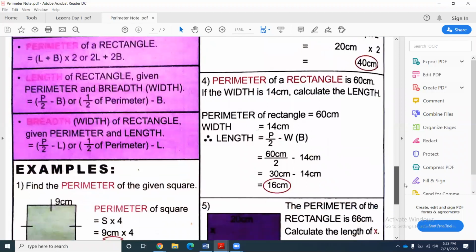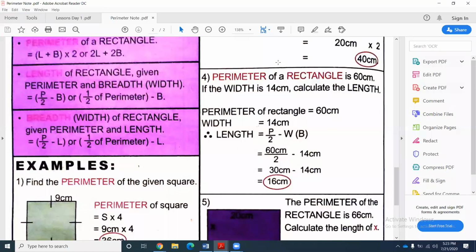But number 4, you will realize this is again a formula that you would have to learn. So the formula, if I want you to find out length, given the fact that I'm telling you perimeter, is perimeter divided by 2, then you take away width, and that will give you the length.